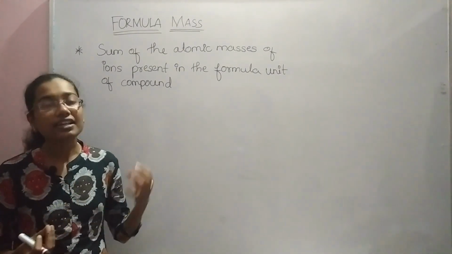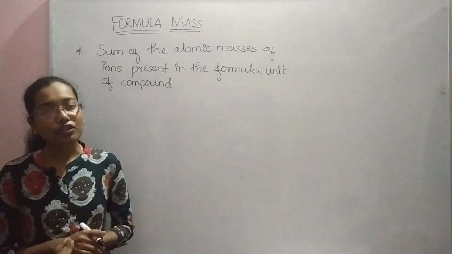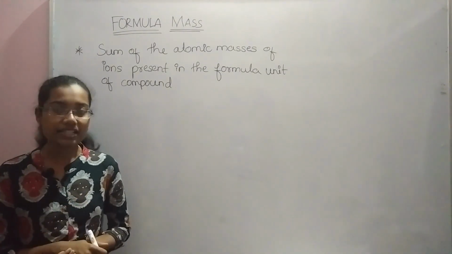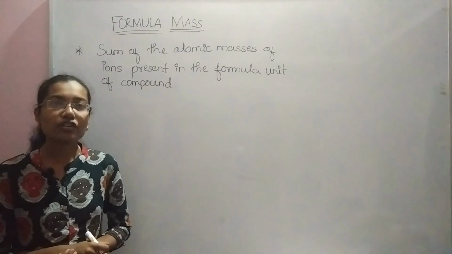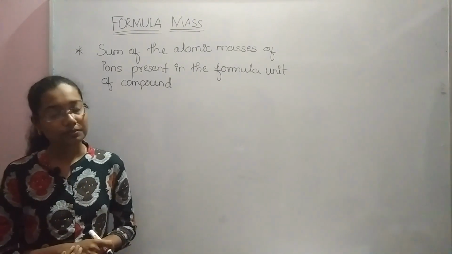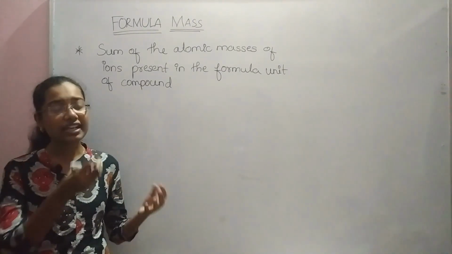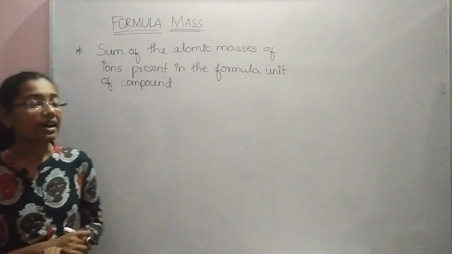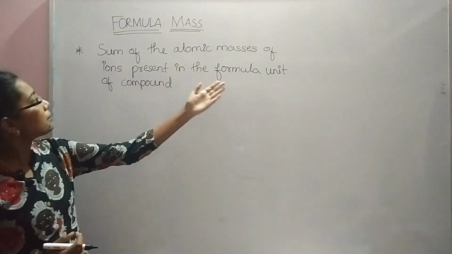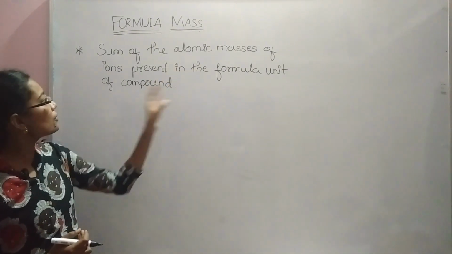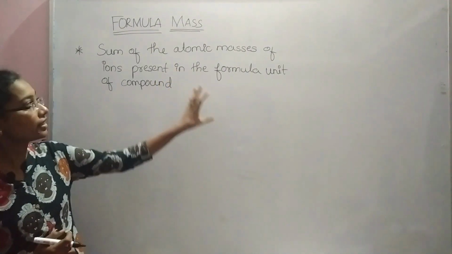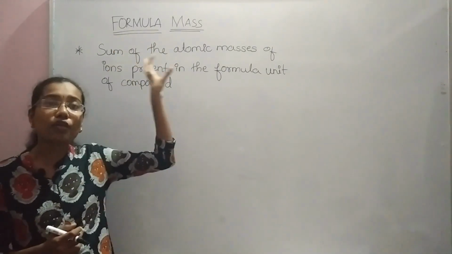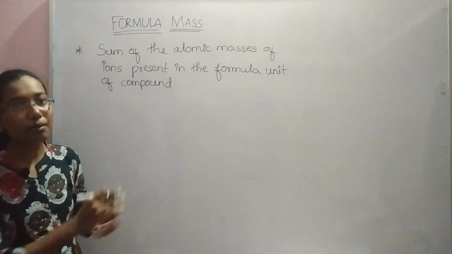In NaCl, each Na+ ion is surrounded by 6 Cl- ions, and each Cl- is surrounded by 6 Na+ ions. So there we don't get an exact number of ions. That's why it is the sum of the atomic masses of ions present in the formula unit of the compound. Here it mainly focuses on the formula of that particular compound.